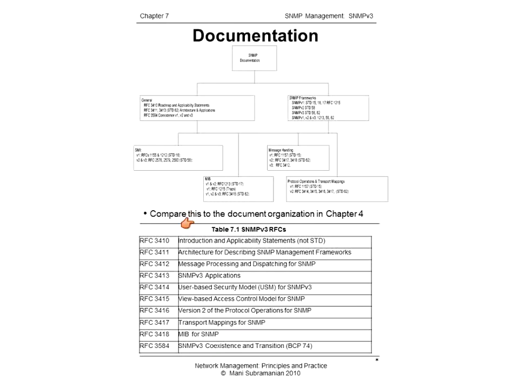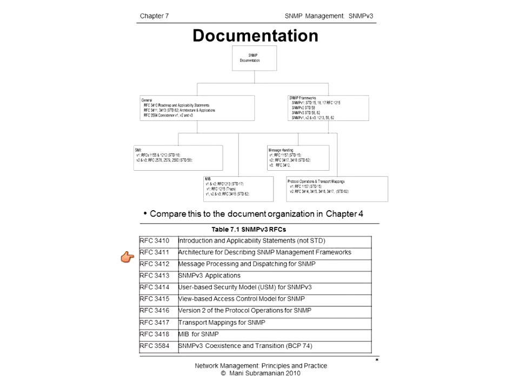Now here in this table, it shows the SNMP v3 RFCs. RFC 3410 provides an overview of the SNMP v3 framework.